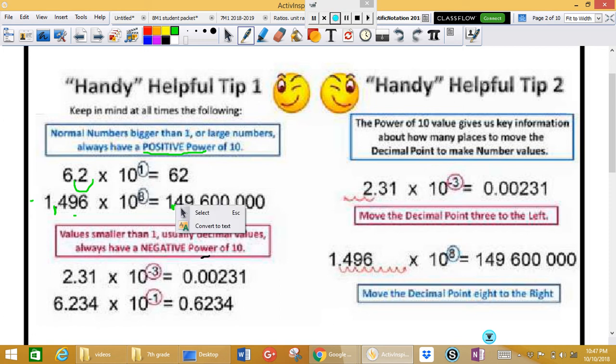So I'm going to go 1, 2, 3, 4, 5, 6, 7, 8, which means wherever there's empty spaces and nothing there, you put zeros in. So they're place values. They're placeholders.